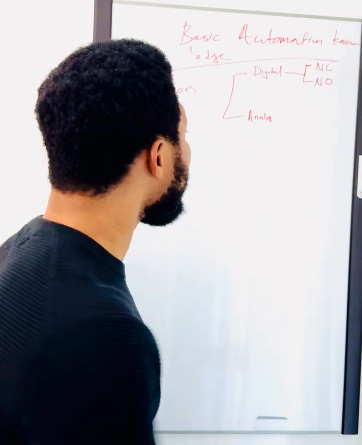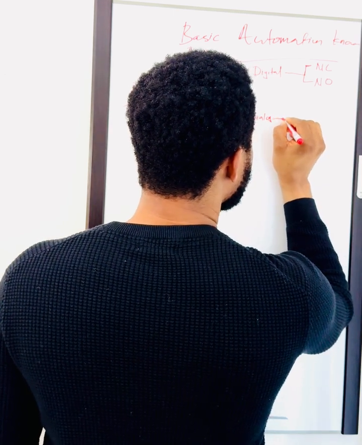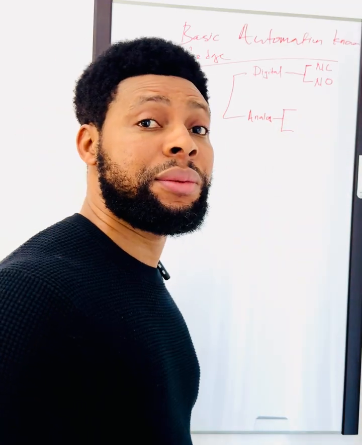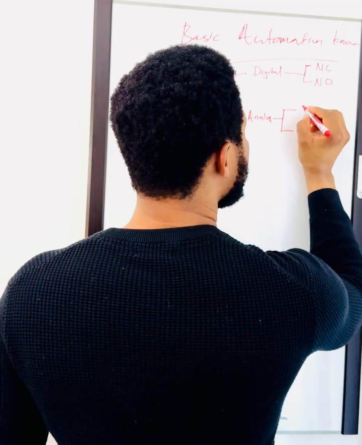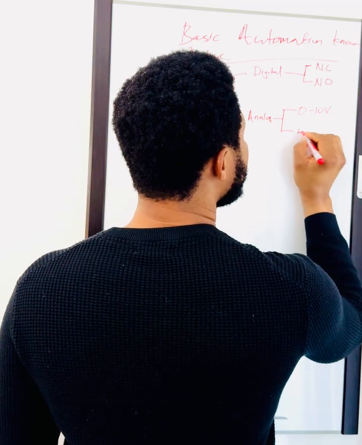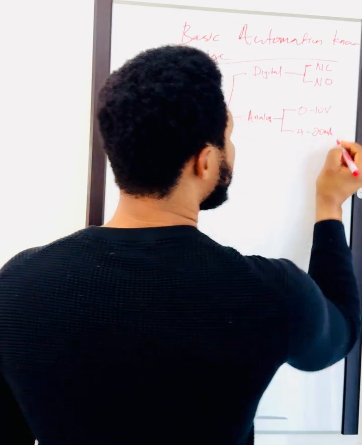You get your analog. Basically, they are either using voltage or current. So this one they give you range, which is like 0 to 10 volts and 4 to 20 milliamps.